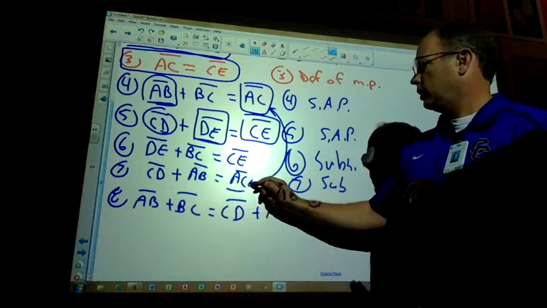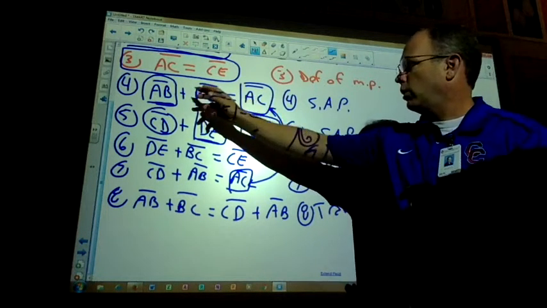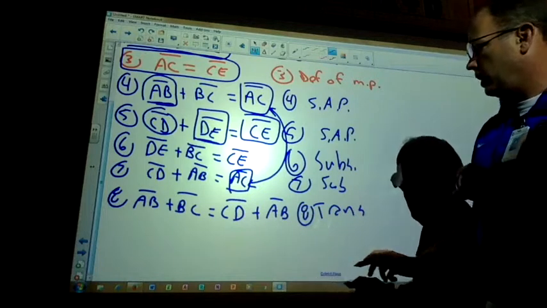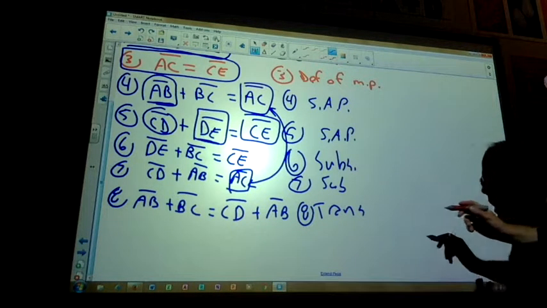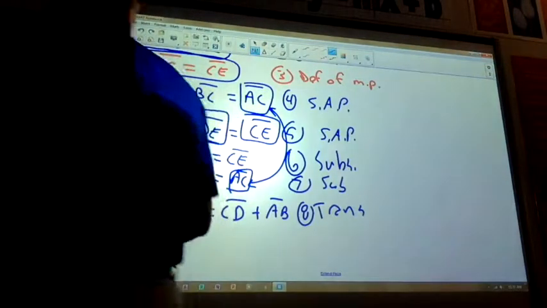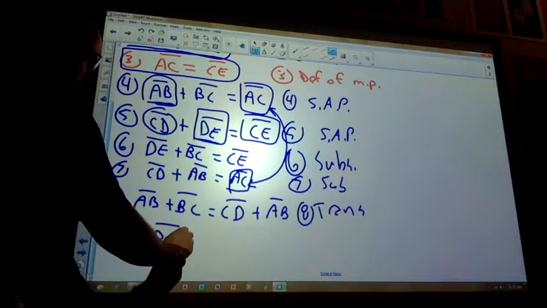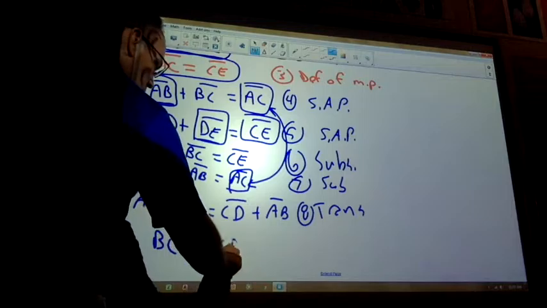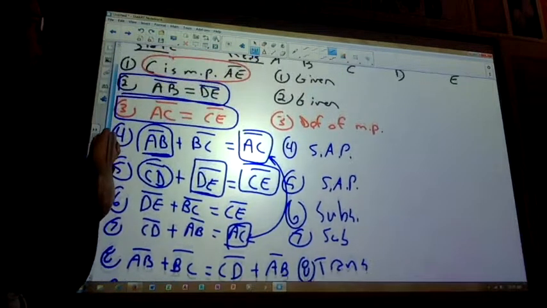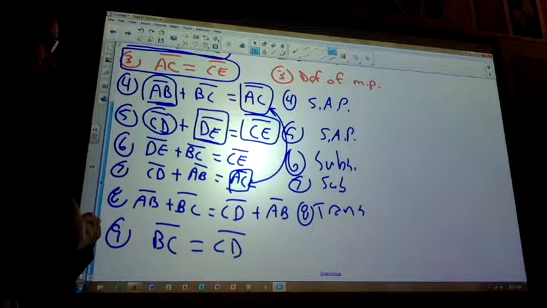Because this and this are the same, so that quantity and that quantity. And then I'm going to subtract what from both sides? Can I subtract AB? Is that what we wanted to say? BC is equal to CD? Dude, we got it.